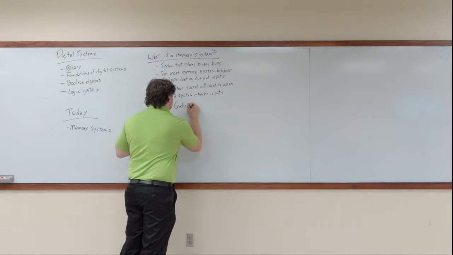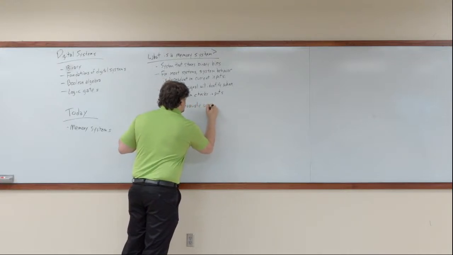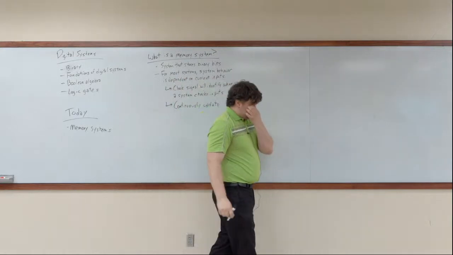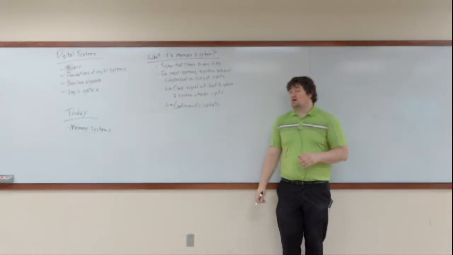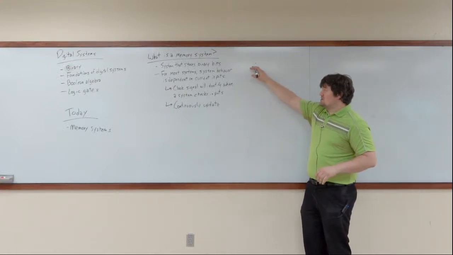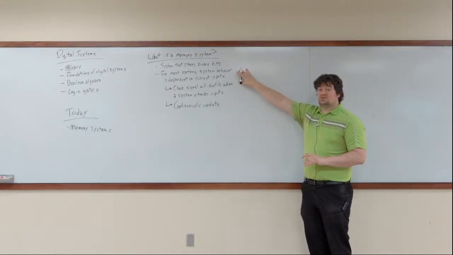That's one way of doing it. The other way is to have the systems simply continuously update, which means they're operating constantly, and as inputs change, the system behavior changes automatically. So this is what we've been dealing with, current inputs only.